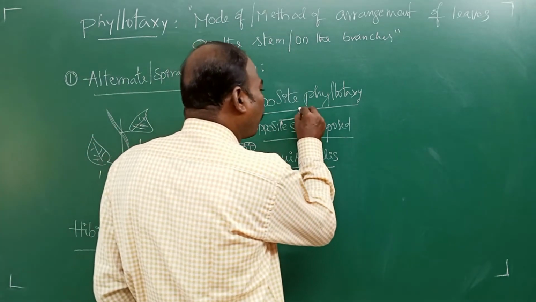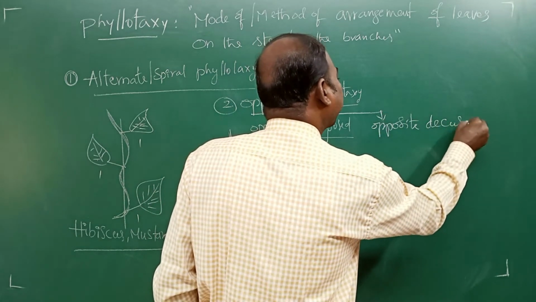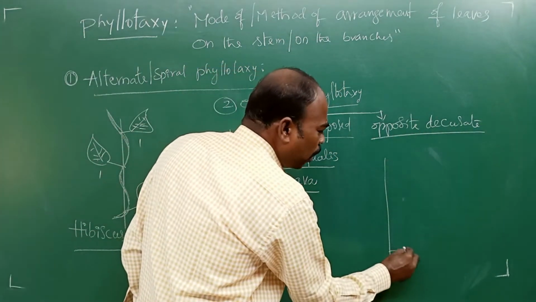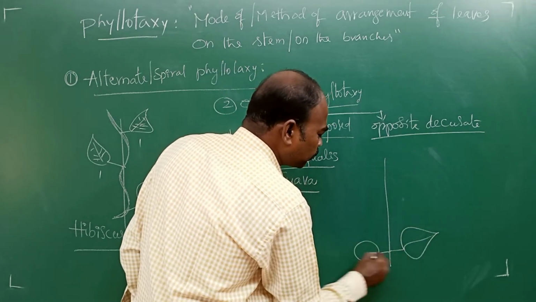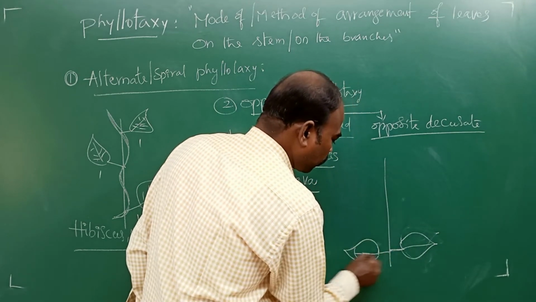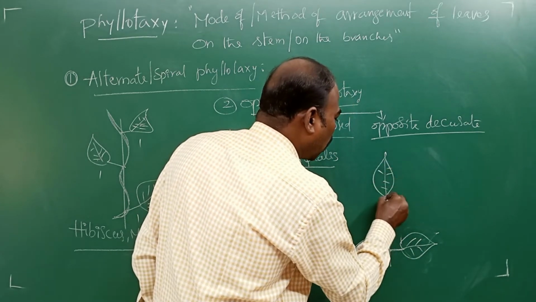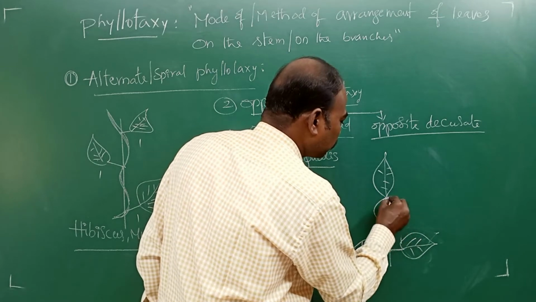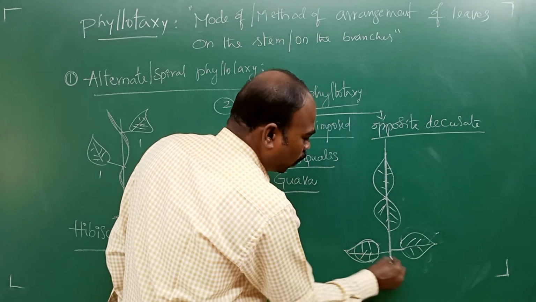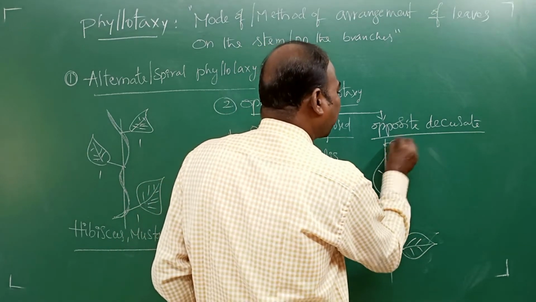Whereas in another type of opposite phyllotaxy, that is opposite decussate, a pair of leaves in a node is at a right angle to the next node. So a pair of leaves in a node is at a right angle to the next node. Again the next node, right angle.